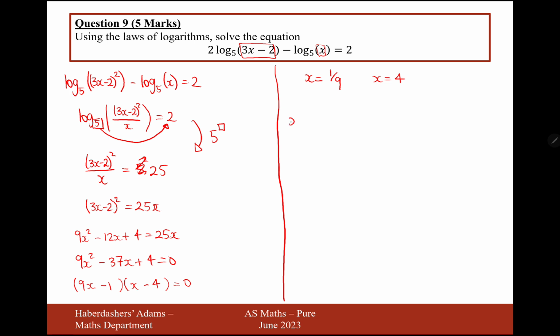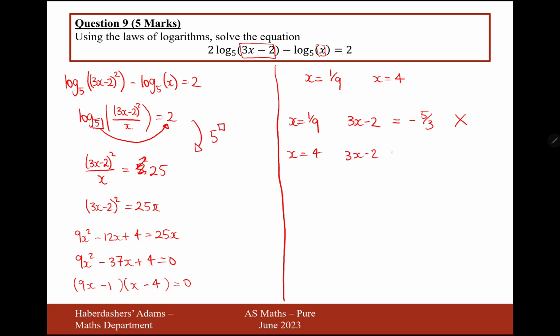So if you start with x equals 1 over 9, then 3x minus 2 is going to give you 3 times 1 over 9, which is a third. A third minus 2 gives you minus 5 over 3, which means that the question would be invalid when x equals 1 over 9.